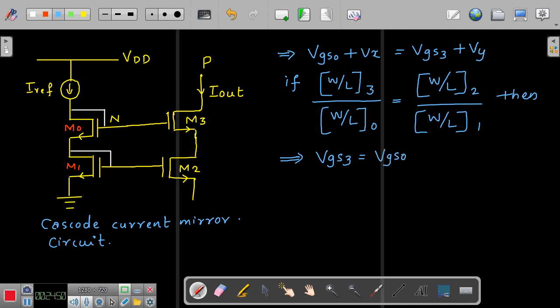So when VGS3 is equal to VGS0, I can have Vx equal to Vy. This is what we wanted to have.